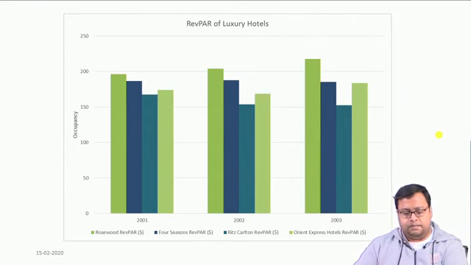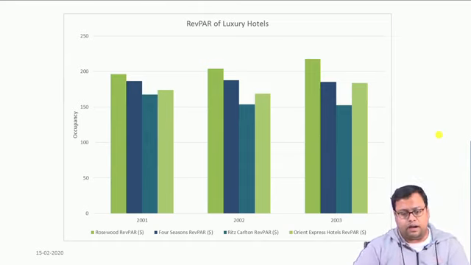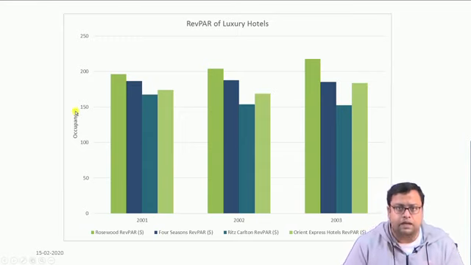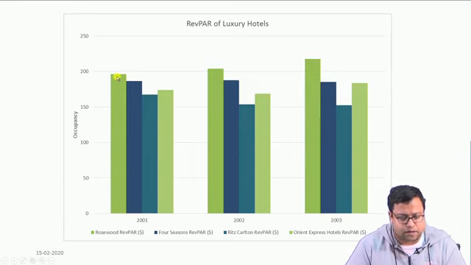Another important metric is RevPAR, which is revenue per available room, or whatever I forgot, which is basically how much revenue you generate per occupancy that they have to calculate. Rosewood's RevPAR in dollars is almost close to 200.